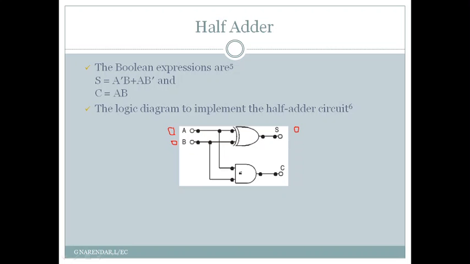Similarly, for this AND gate, the two inputs are zeros, and for an AND gate, when both of its inputs are zeros, the output is 0. So when I add 0 with 0, the combinational circuit called half adder gives me the sum output as 0 and the carry output as 0.